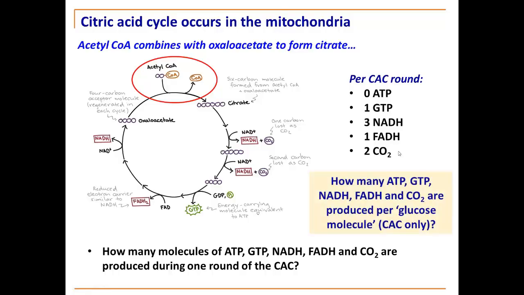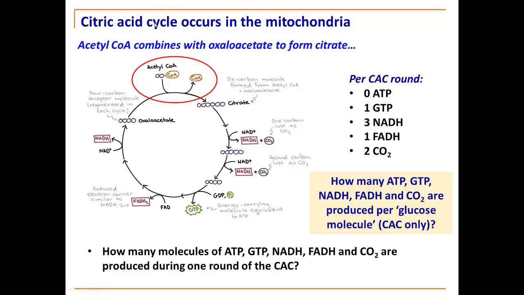So how many of each of those are produced per glucose molecule? Only thinking about the citric acid cycle, not thinking about glycolysis. Okay, I just want you to think about the citric acid cycle. How many of each of those are there? Okay, so looking around here, remembering what's come in. Pyruvate has been up here.